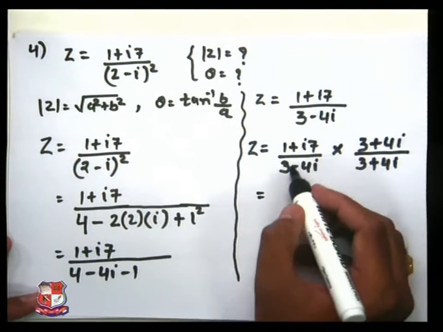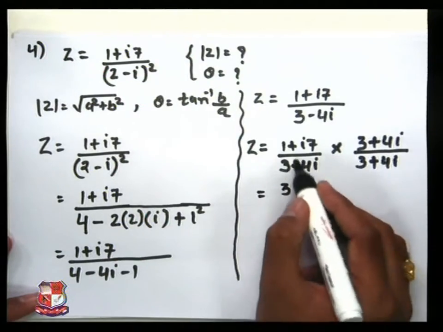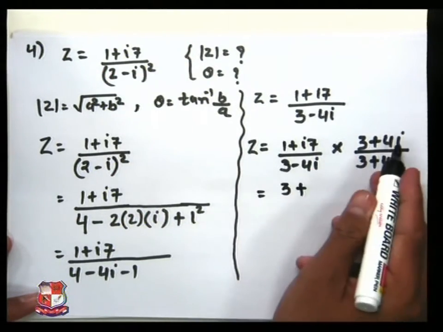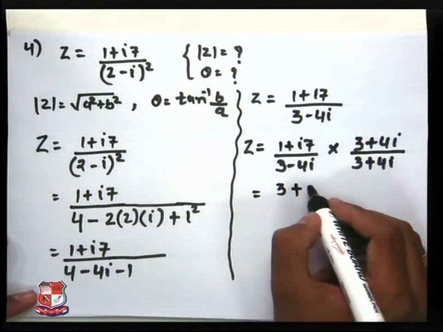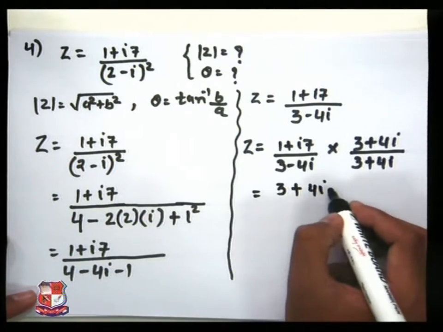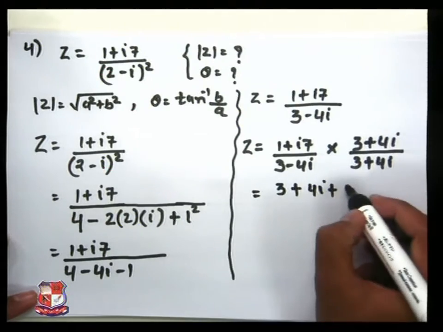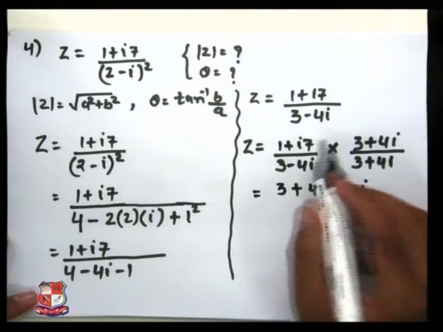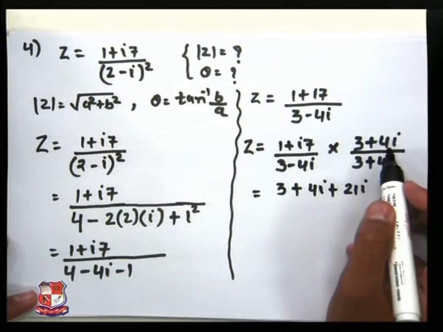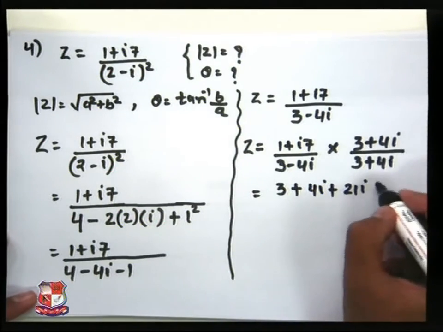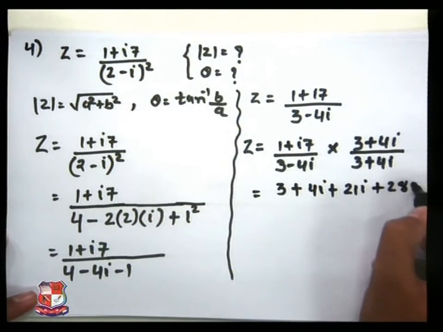So 1 into 3 is 3, plus 1 into 4i is 4i, plus i7 multiplied by 3 is 21i, and i7 multiplied by 4i is 28i square.